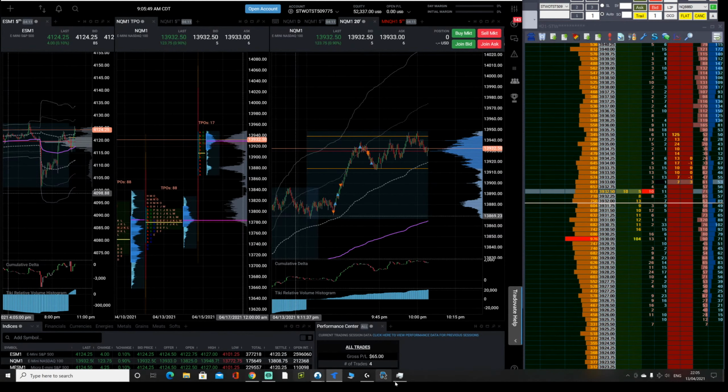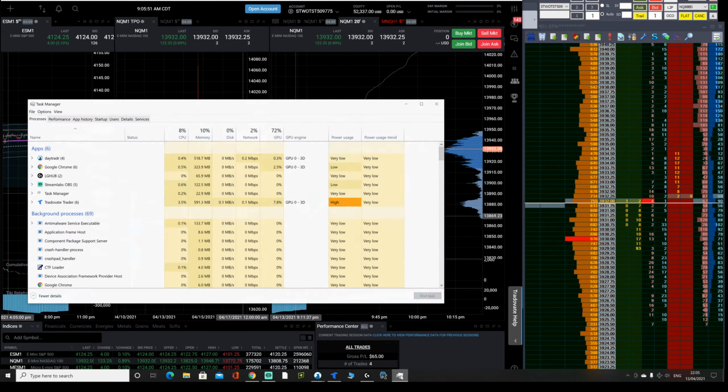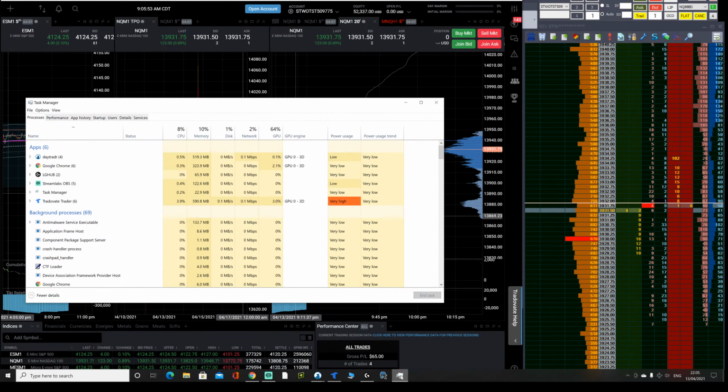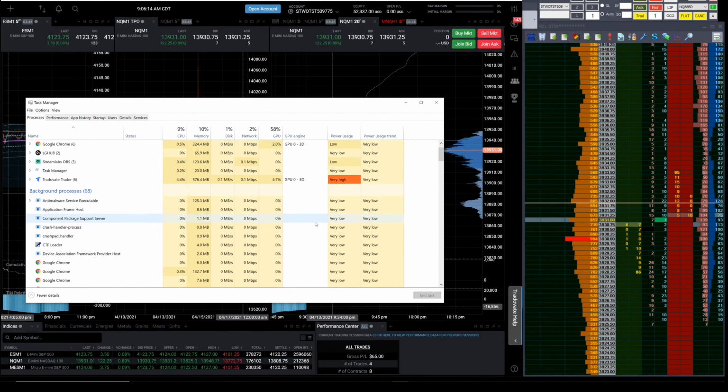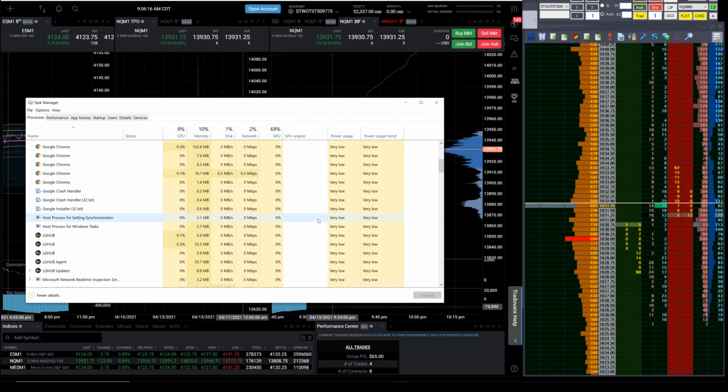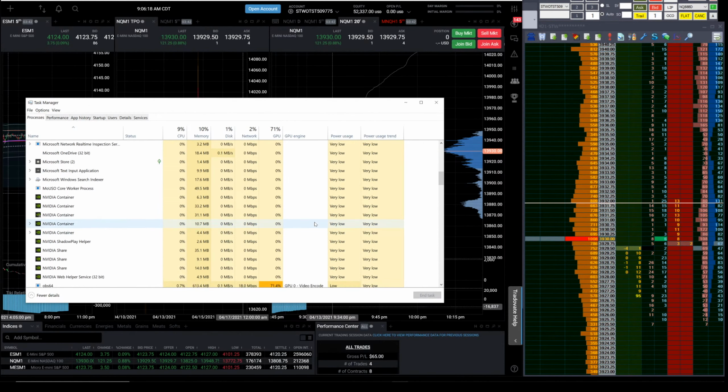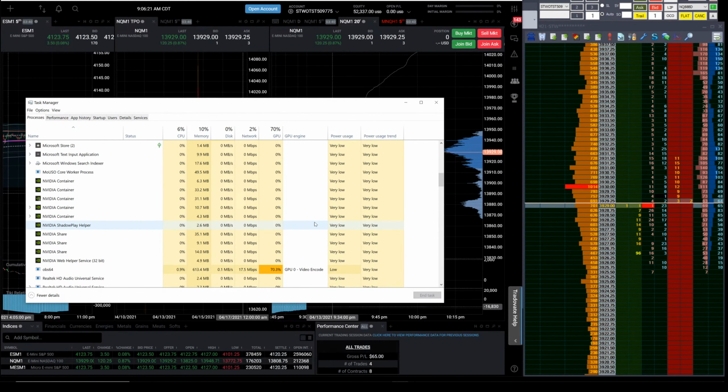I'm looking at the utilization down here as I did for the other systems. And for some reason, all three are on the GPU, which is kind of good. Except the Tradovate Trader is running high power usage, averaging about 4.5%. And nothing else is running on the GPU. Oh, look at down here. What's this?